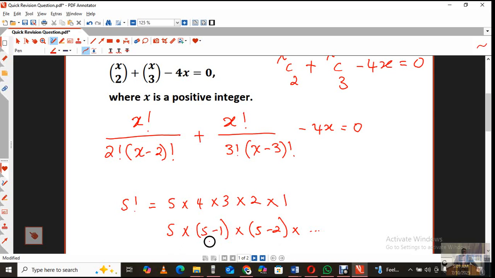So you can see this is another way of writing 4 and another way of writing 3. Okay, so I'm going to use that. Where I have 5, I will put x there.